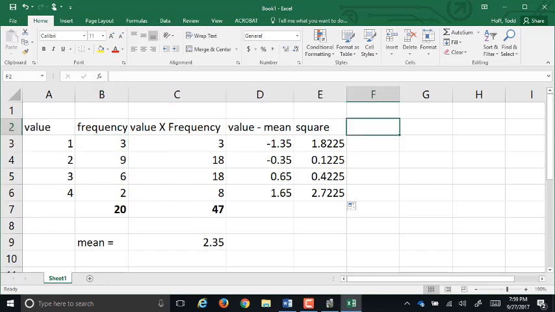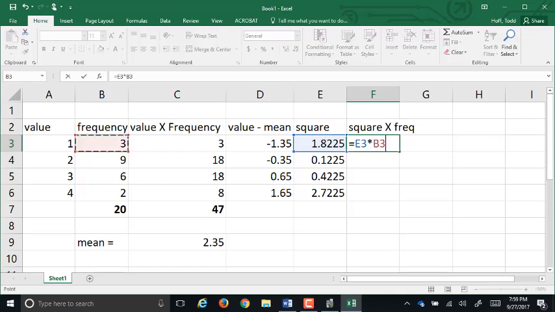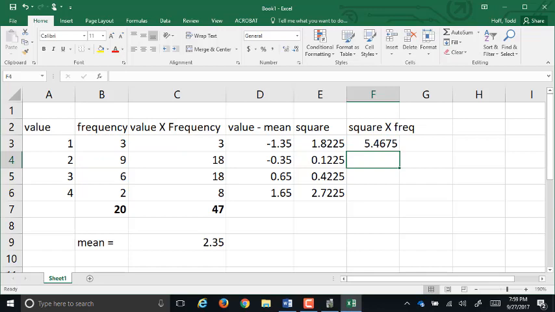So I'm going to take the square times the frequency. So 1.8225 times 3 gives me 5.4675.